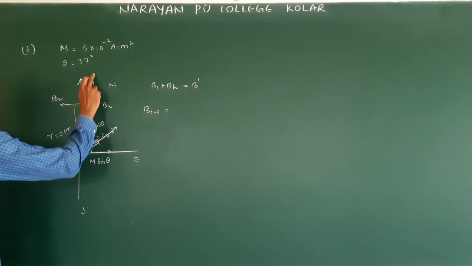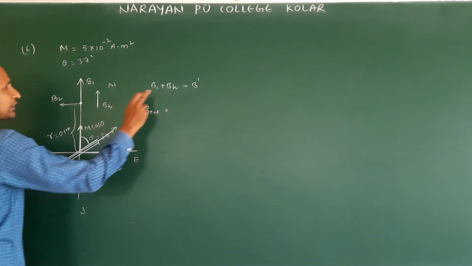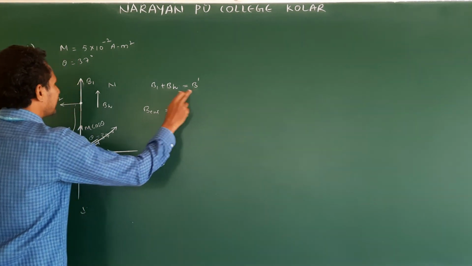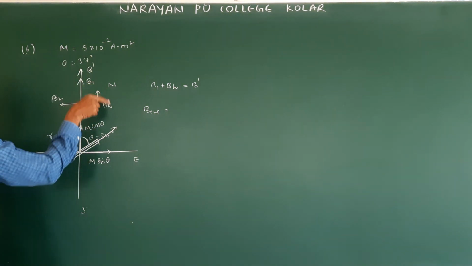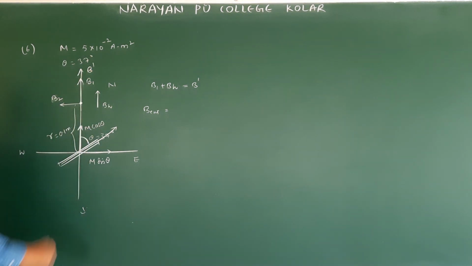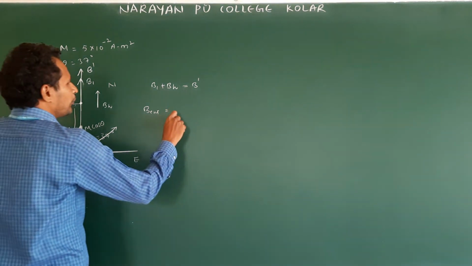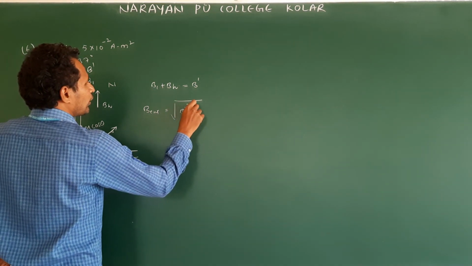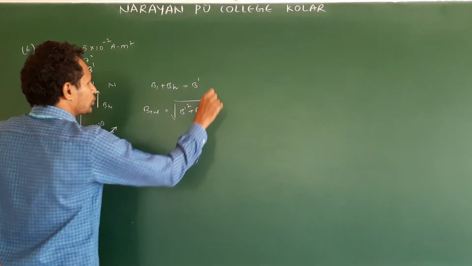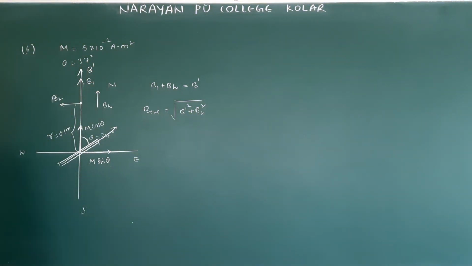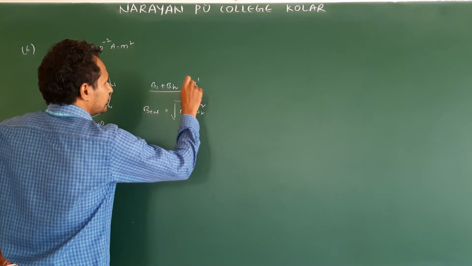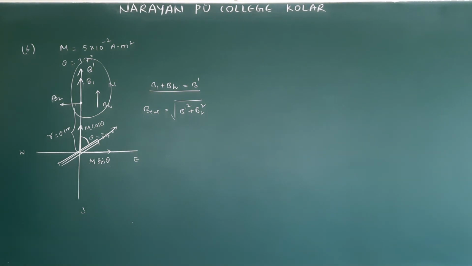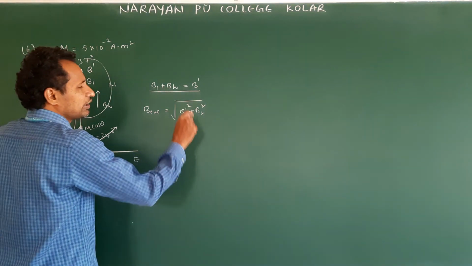The resultant of B1 and BH, I am taking as B dash, which acts along this line only, because these two are in the same direction. Now B dash and B2 are perpendicular, so the net field will be the square root of B dash square plus B2 square. If they ask only along this direction, then B dash is equal to BH plus B1. If they ask the net field, then this will be the answer.